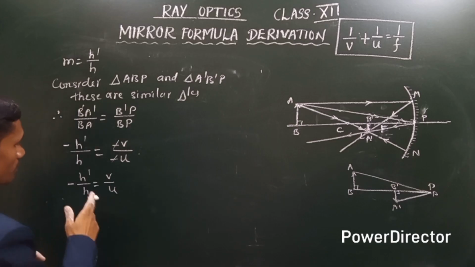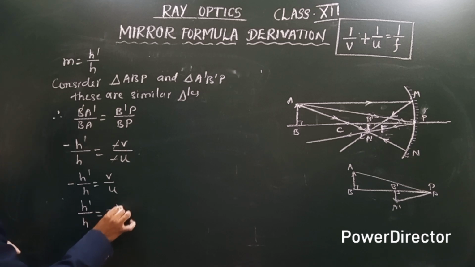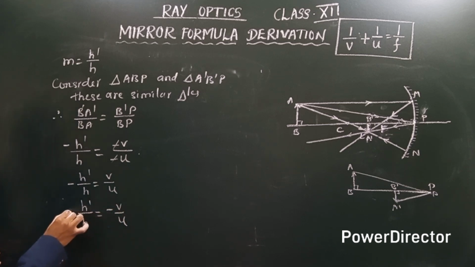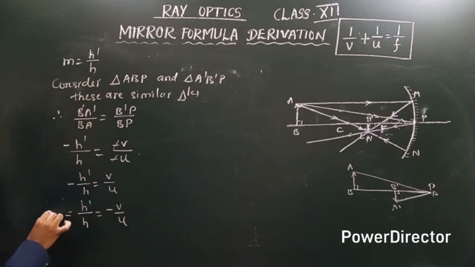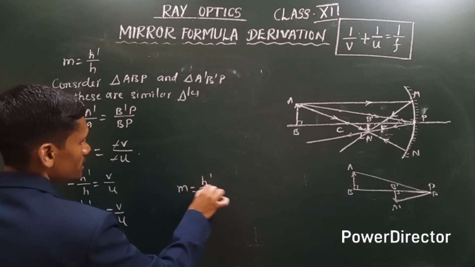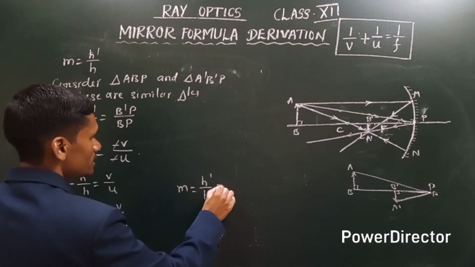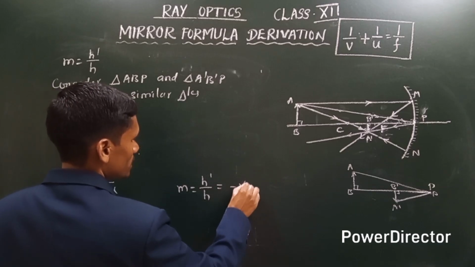Now multiply both sides by a negative sign. What do we get here? H dash upon h is equal to minus v by u, right? This is the relation, and h dash by h is nothing but the magnification. So magnification is equal to h dash by h is equal to minus v by u, right?